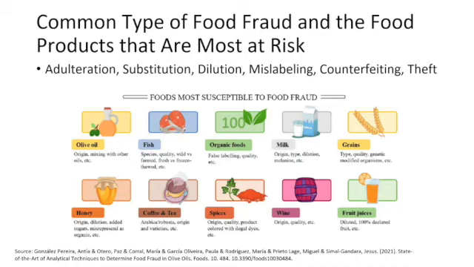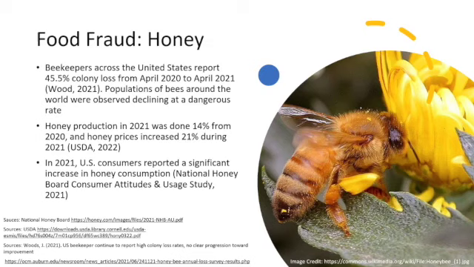This graph shows foods that are most vulnerable to food fraud, and honey is one of them. Do you like honey? Do you use honey or consume food products that have honey in your daily life? You might not realize how much your daily diet actually contains honey.